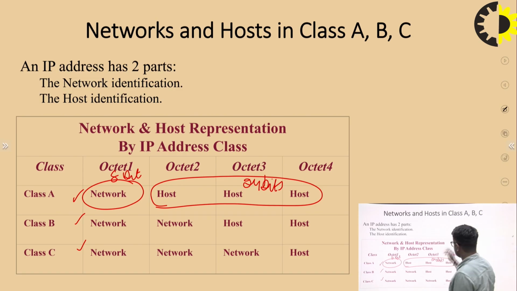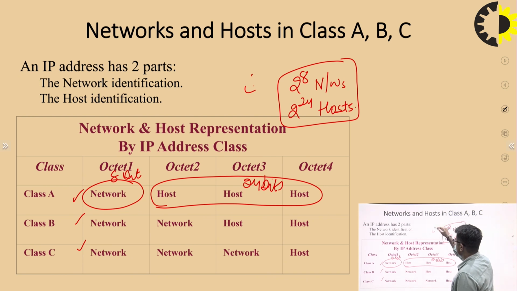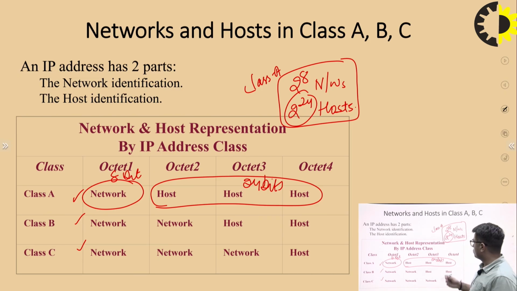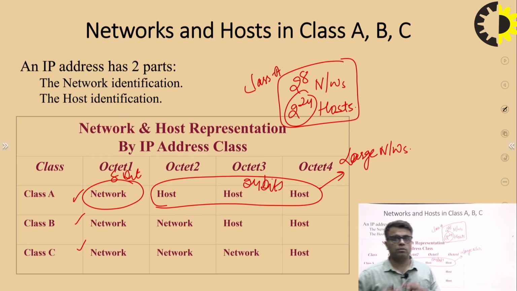That means there can be 2 raised to power 8 different networks and 2 raised to power 24 different hosts in class A. 2 raised to power 24 is a very big number. So that's why it is suitable for large networks. That means in every network there are thousands and lakhs of hosts or devices which may require interconnection between themselves.